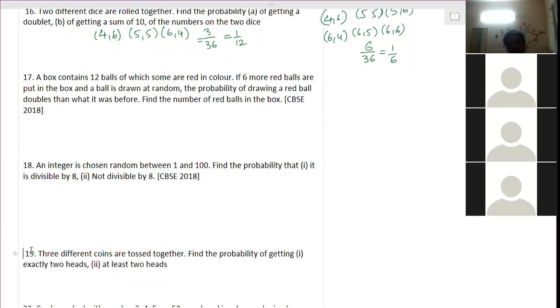No, ma'am. Ma'am, it's 12. Ma'am, is it 3 by 25 and 22 by 25? Yes, right.